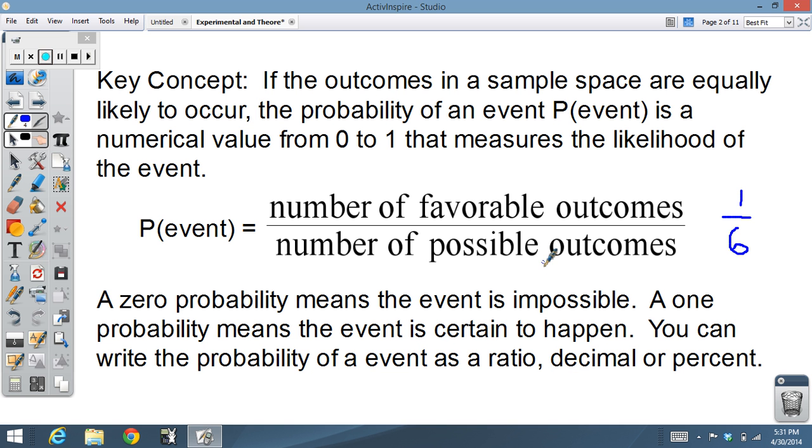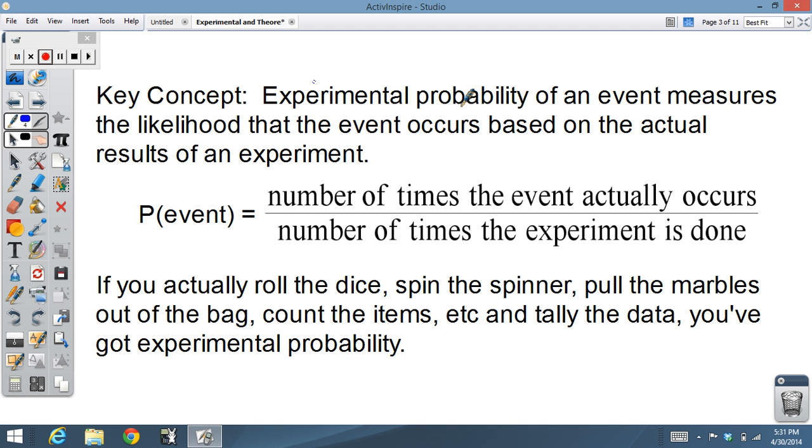But either way, we're looking at some sort of a scale ranging from 0 to 1. If we're talking percents, we're going to go 0 to 100%, right? Same kind of thing. 0 will never happen. 100 is certain to happen.